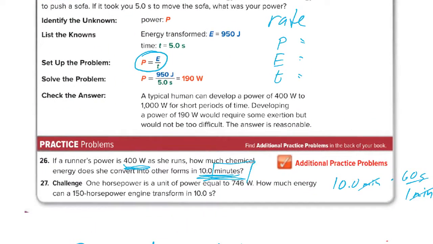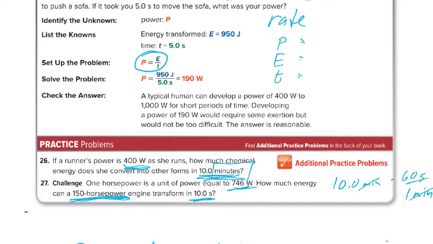And then 1 horsepower is a unit equal to 746 watts. So you're given power again. You're given time. But you've got to be careful here because you're given another horsepower number as well. You're given a 150 horsepower engine, so you're going to have to figure out how many watts it is.